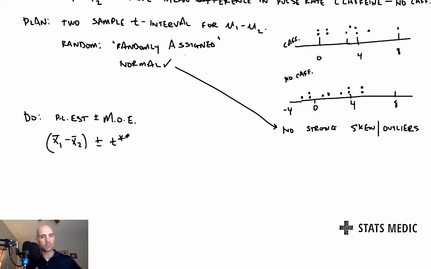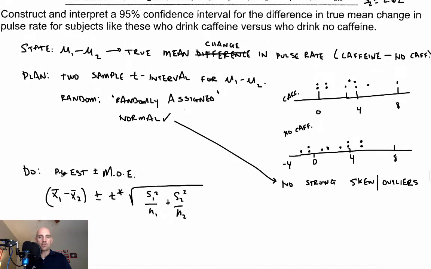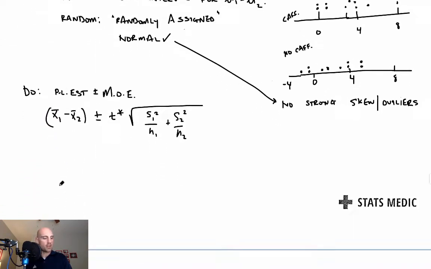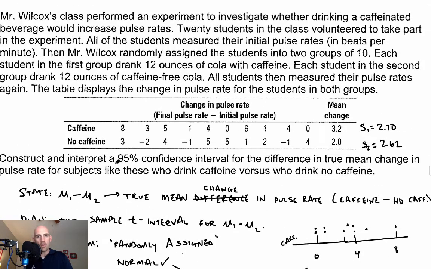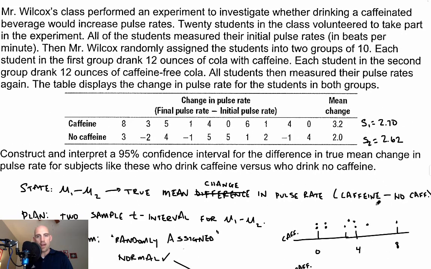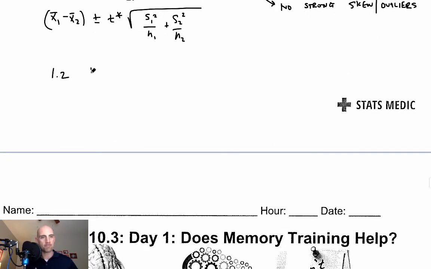So T star, because we're dealing with means, put in our standard deviation formula for 2 samples. And we're going to execute. Our difference in our means from up top, 3.2 minus 2.0. We are going to do 1.2. Important to remember right here, caffeine minus no caffeine. So that would be 3.2 minus 2.0. So that's going to lend us with a positive here.